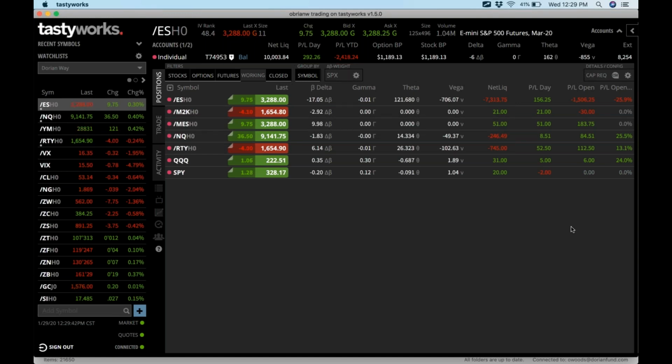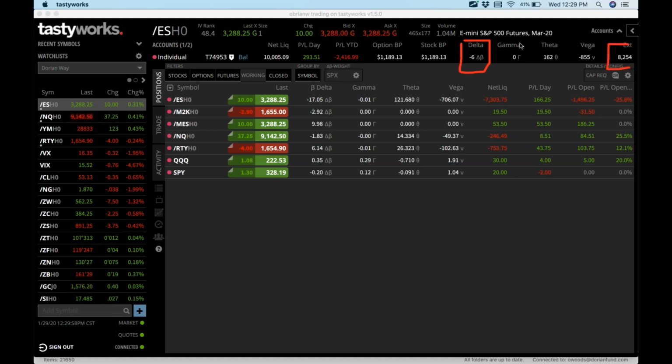So as you know, delta measures two things, your directional risk and your probability of success. When you're looking at delta up here, this is your delta risk. So at that point, the delta risk was -10, and I have a lot of extrinsic here. I'm just trying to get the majority of this extrinsic so it can change this ball game here within the next 3 weeks, right? Because most of this stuff expires in mid-February.